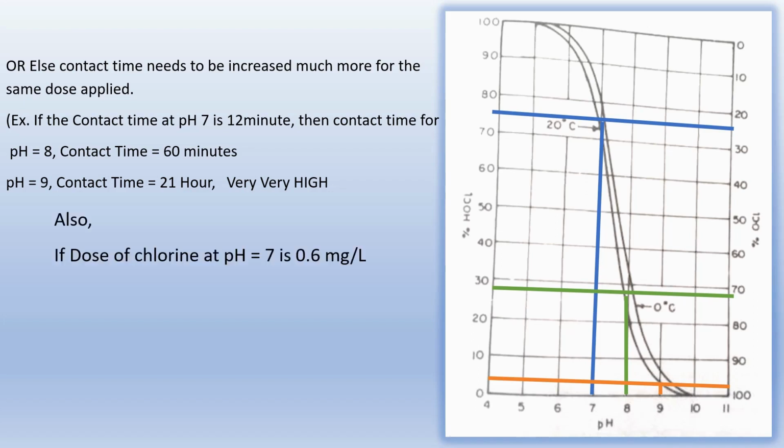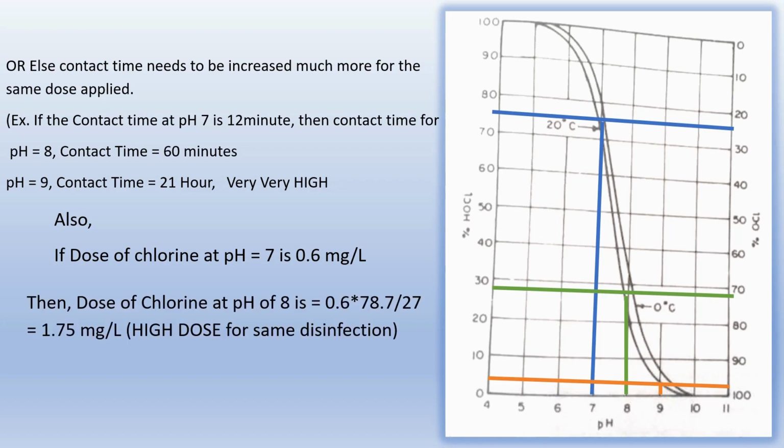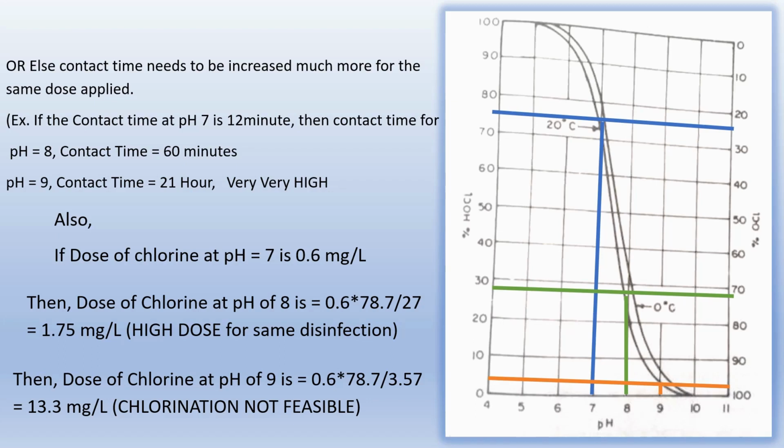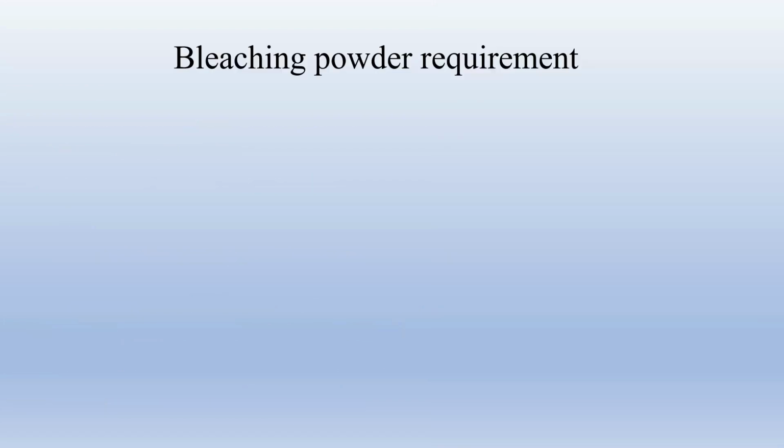Also, if the chlorine dose at pH 7 is 0.6 milligrams per liter, then the dose of chlorine at pH 8 will be 1.75 mg per liter, which is very high for the same disinfection. Then the dose of chlorine at pH 9 will be 13.3 mg per liter, which is very high, and this form of chlorination is not feasible, and other forms of chlorination in the form of chloramines or other disinfectants will be applied at this pH range.